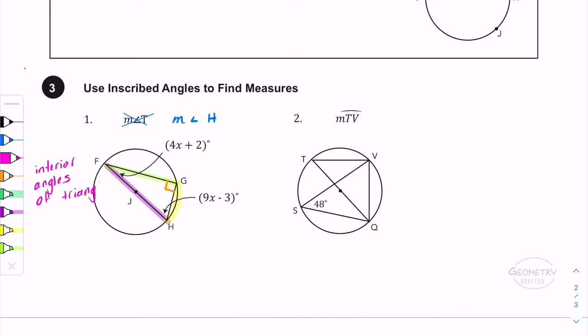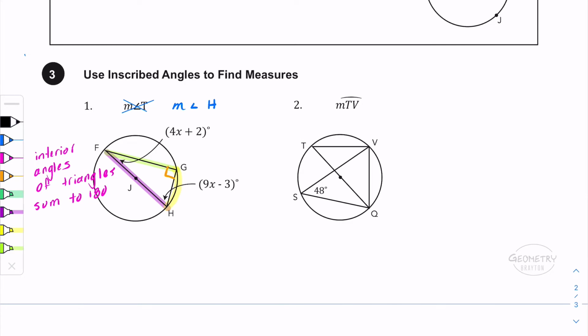It's called the triangle angle sum theorem. So in order to solve for x and then in return solve for h, we're going to add up the measure of angle F plus the measure of angle H plus the measure of angle G, and we know that these sum to 180 degrees.